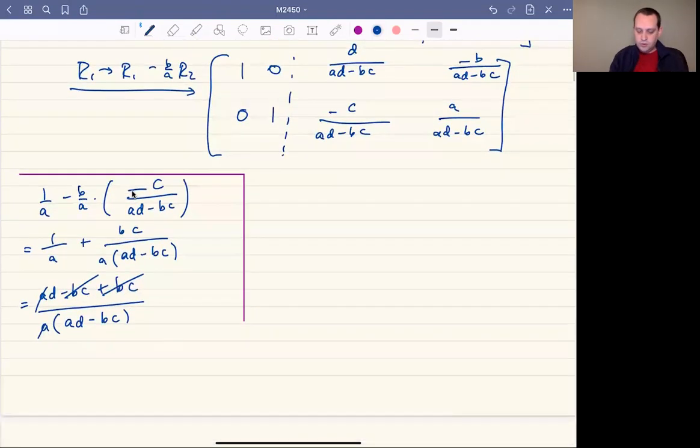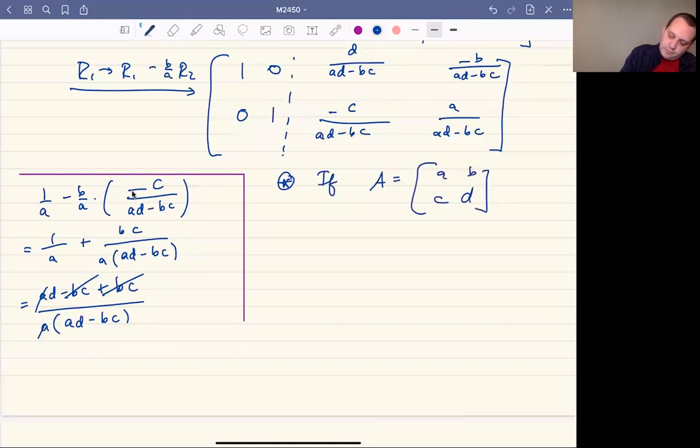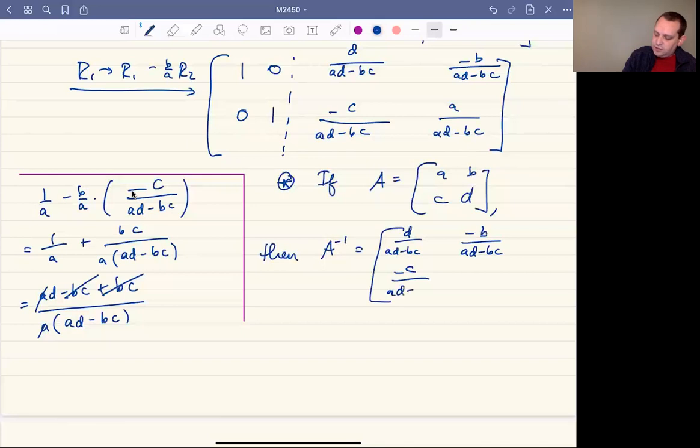Okay. So the moral of the story here is that if A is the matrix A, B, C, D, then A inverse is going to end up being the matrix D over AD minus BC, minus B over AD minus BC, minus C over AD minus BC, and A over AD minus BC.